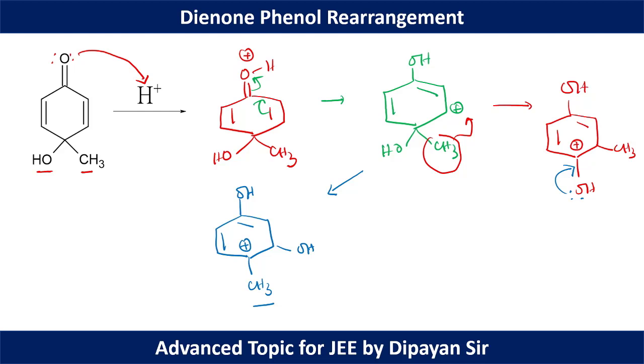But in both cases, resonance stabilization is present. In this case, we have resonance of OH, but in this case, we have hyperconjugation of methyl. As we know that resonance effect is more effective than hyperconjugation, in this case, methyl will migrate and OH will not migrate. So this will be our case, and finally one of the CH bonds will be cleaved and we will have this kind of product.